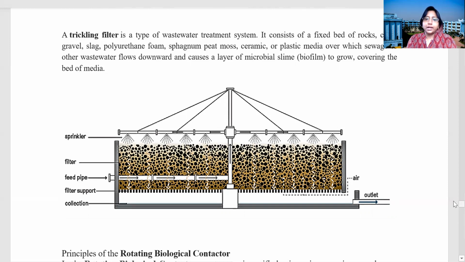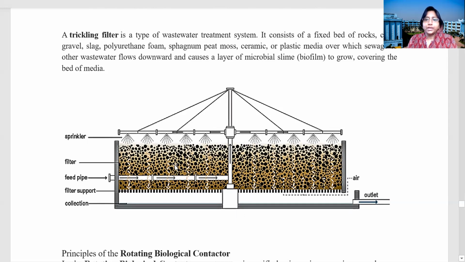In the trickling filter, you can see the figure here. It is a type of wastewater treatment system. It consists of a fixed bed of rocks, coke, gravel, slag, polyurethane foam, etc. Or we can also use plastic media or ceramic media.